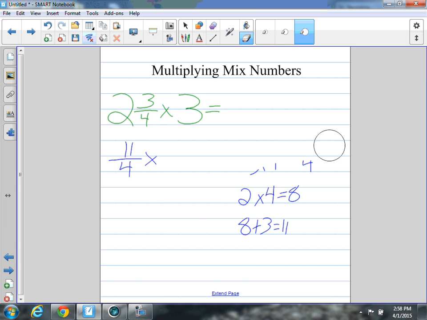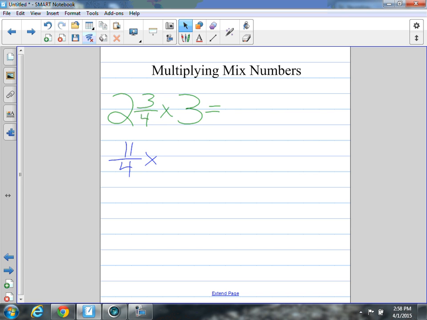Now I stopped here for a reason. I want to do a fraction times a whole number. 11/4 times 3. A couple lessons ago we practiced this. How do I multiply a fraction by a whole number? First, you take the 3 and put it over 1.